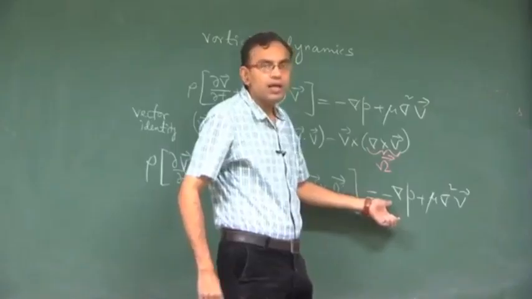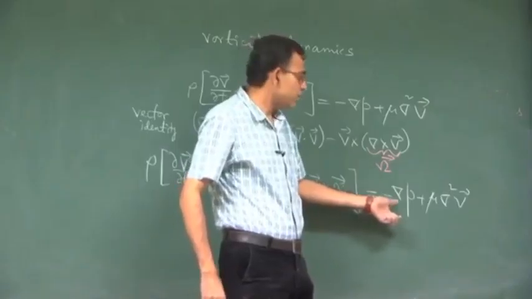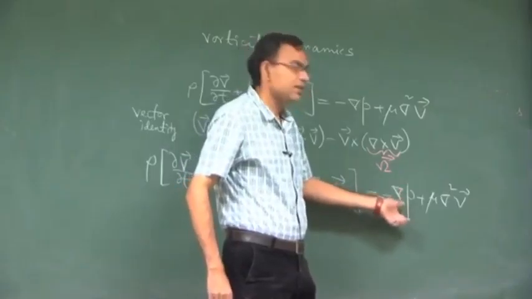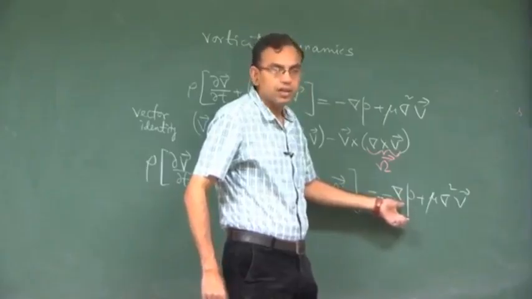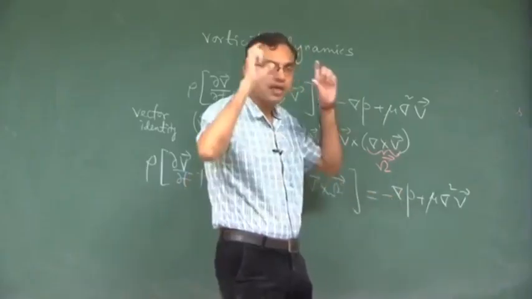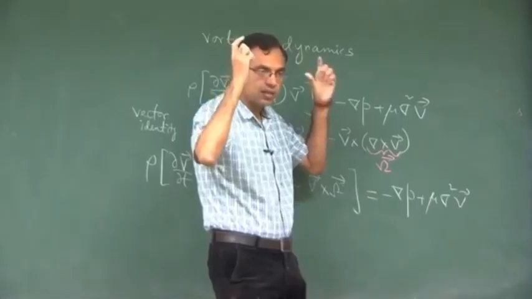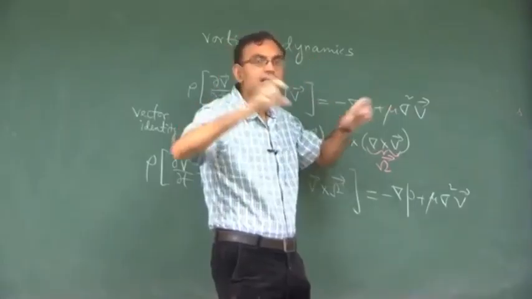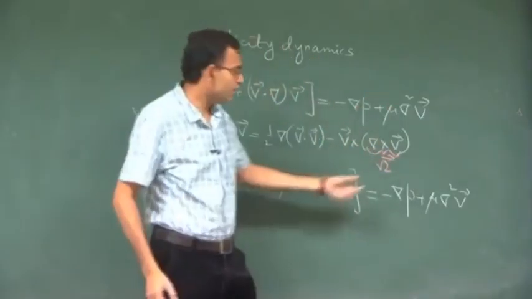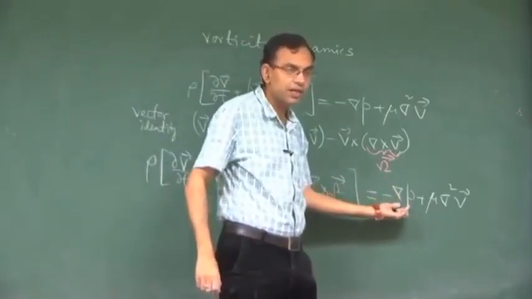So, one way could be that you eliminate this pressure gradient altogether. The whole idea is that if you have head and if you have headache, best is cut the head and then there will be no headache. So, this pressure gradient creates a lot of headache.